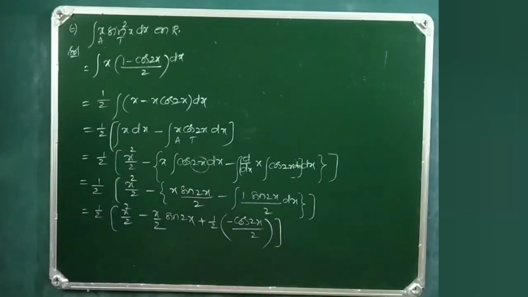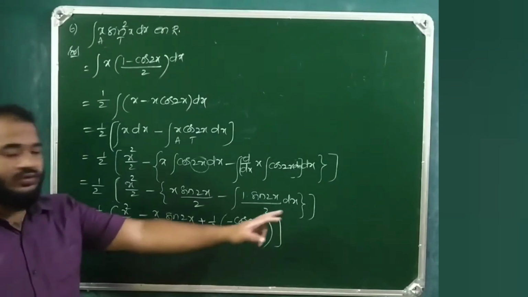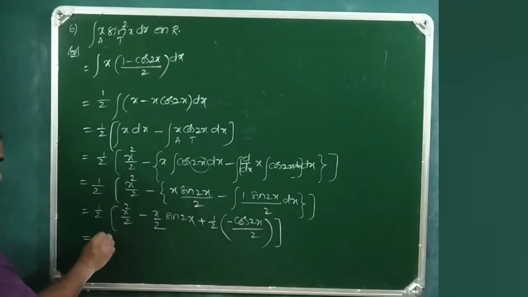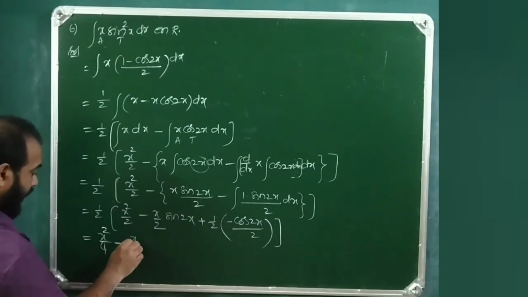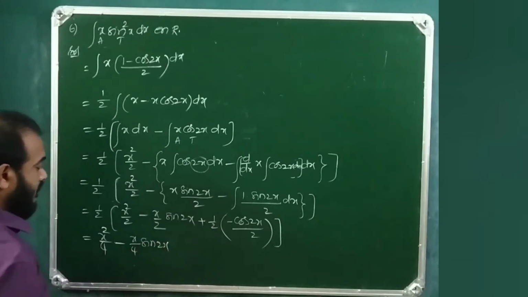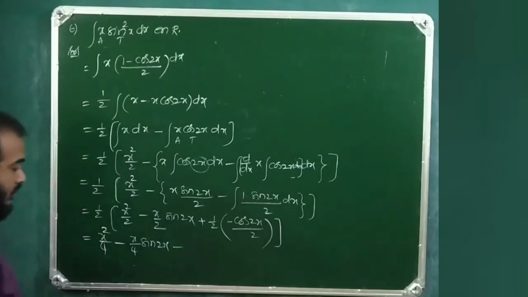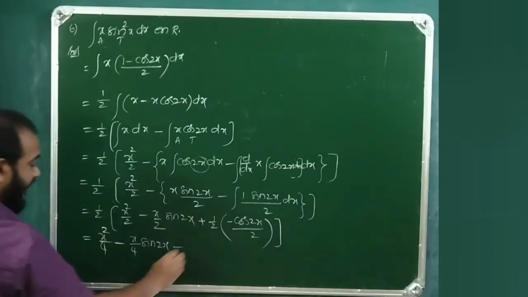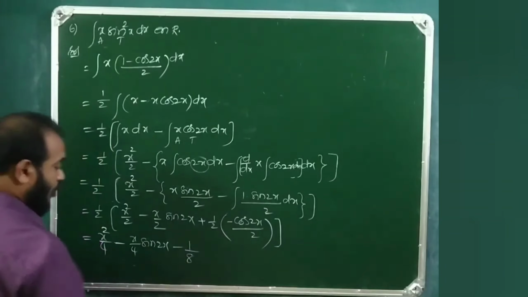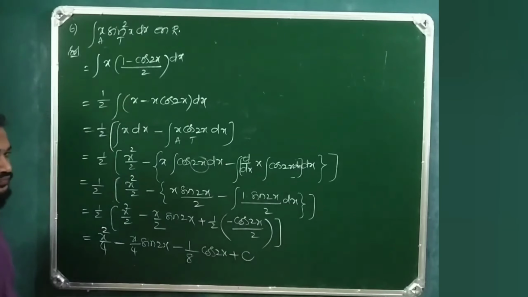So therefore 1 by 2 is being multiplied with the whole thing. Therefore x square by 4 minus x by 4 sin 2x, so plus into minus minus. 2 2s are 4, 4 2s are 8. So 1 by 8 cos 2x plus constant of integration C.